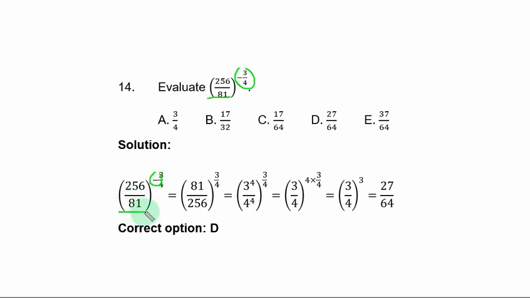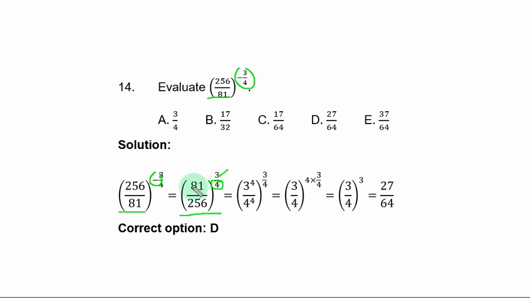Since you have a fraction, if you interchange the position of the numerator and denominator, the power becomes positive. The next thing is to ensure that this 4 is removed. You know, if you factor out 3, what you have remaining is 1 over 4.